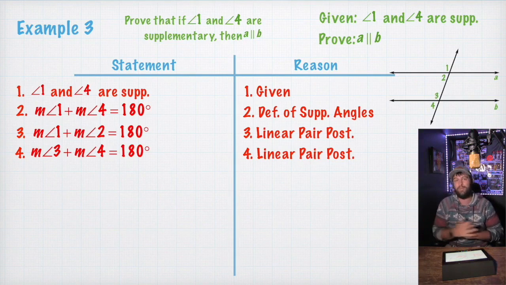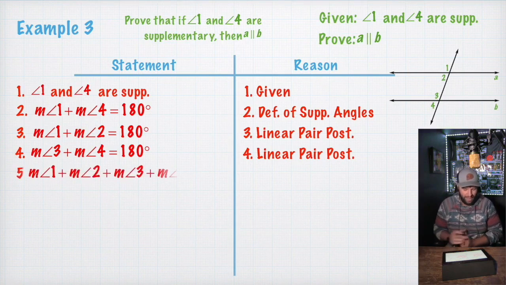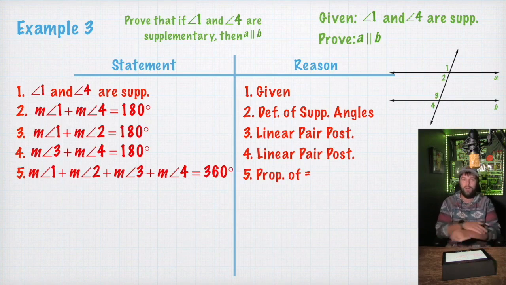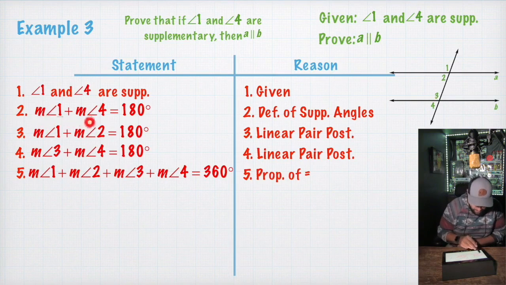Then if you come across a proof like this later, hopefully you'll be able to make sense of it. So we're going to add all those together to equal 360, and that's just a property of equality. If these two add up to equal 180 each, if we add them all together, it makes sense that they add up to equal 360. Now, check this out. We have the measure of angle 1 plus the measure of angle 4 right here equals 180 degrees.